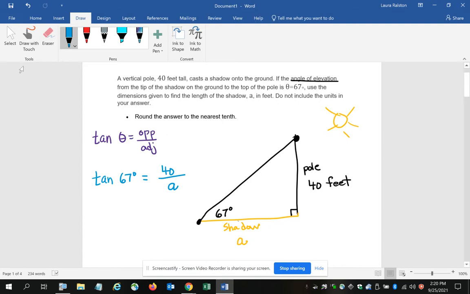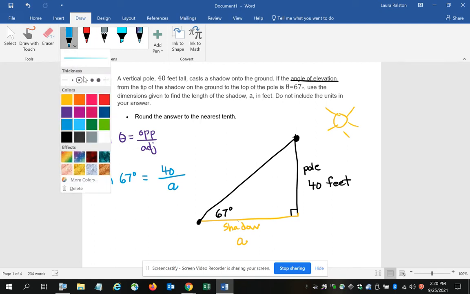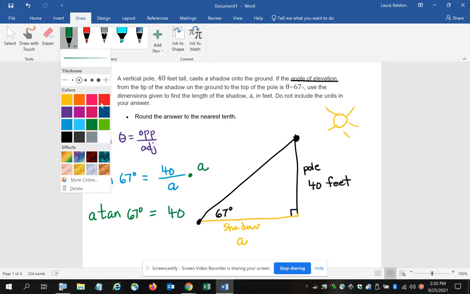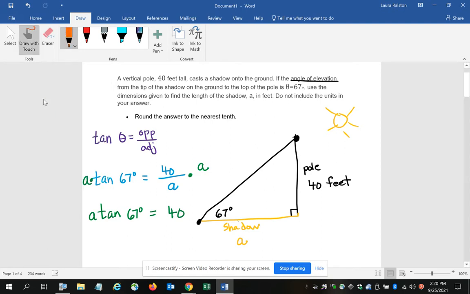Then I need to do some basic math to solve this equation for A. I'm first going to multiply both sides by A. I have A times the tangent of 67 degrees equals 40. I am trying to solve for A, so I'm then going to divide both sides by the tangent of 67 degrees.